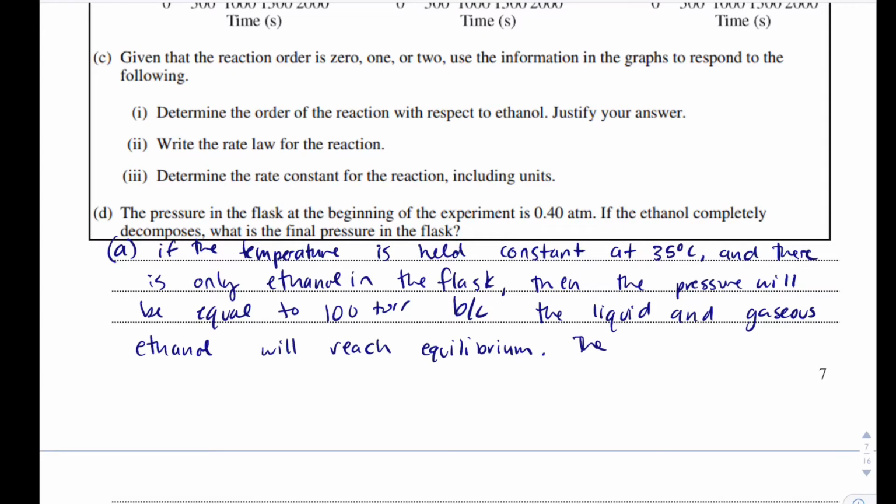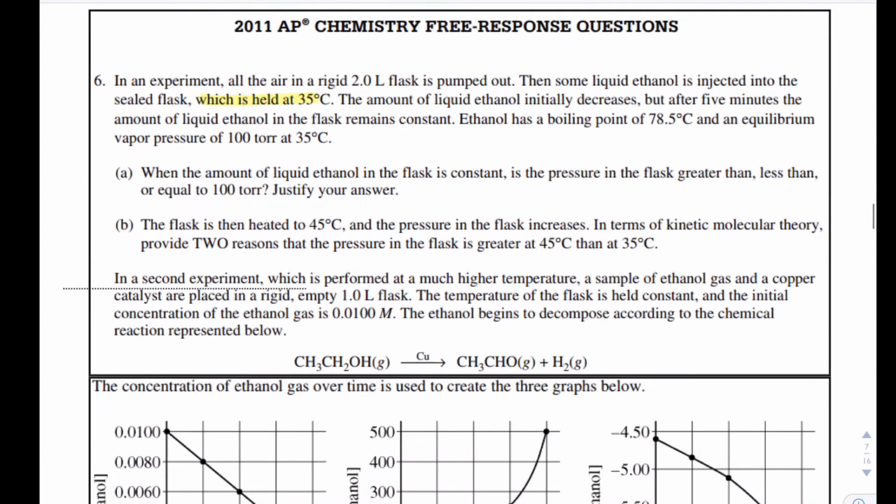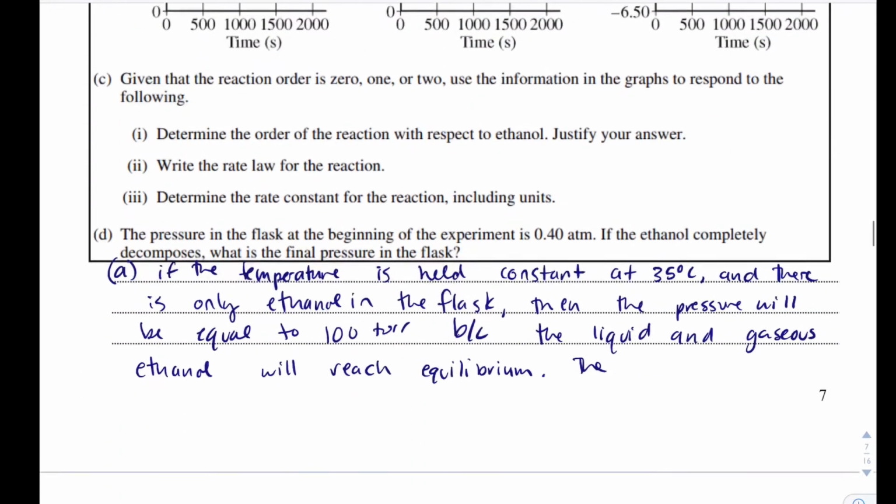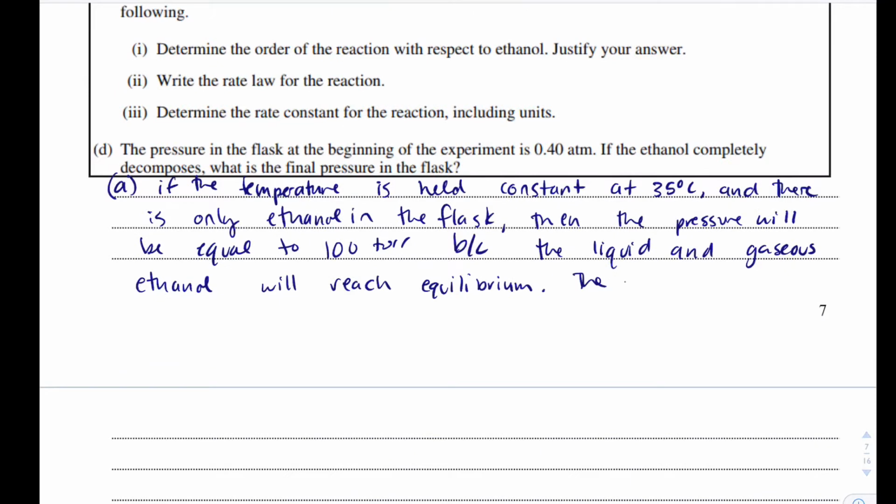And then I would just say what they said at the very end of it, the equilibrium vapor pressure at 35 degrees Celsius will be 100 torr.